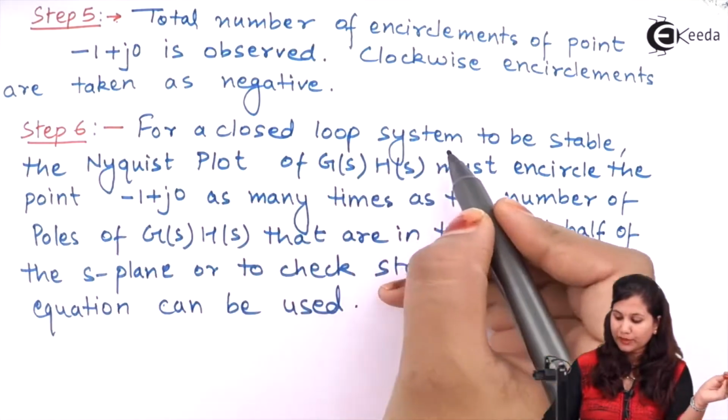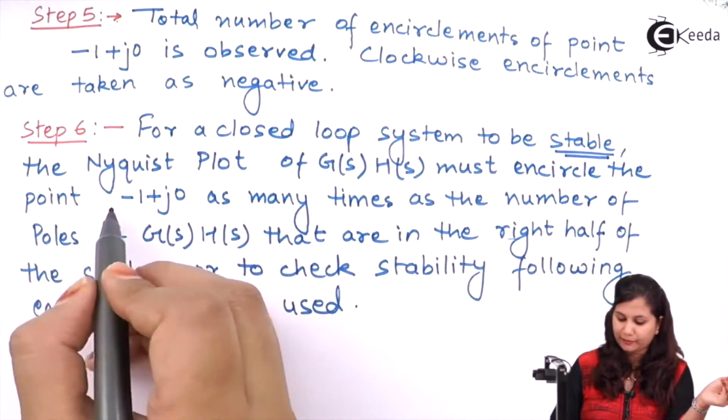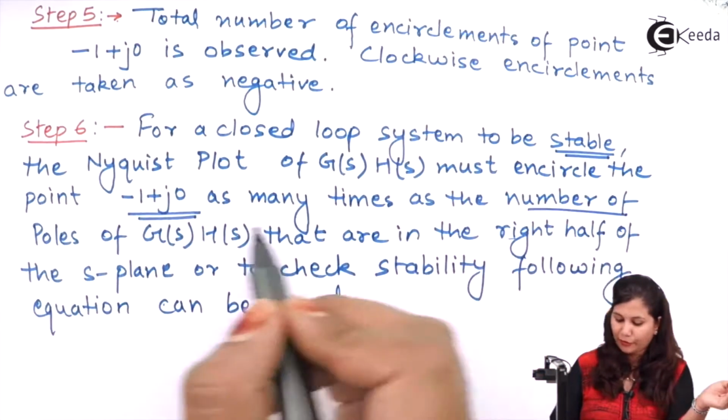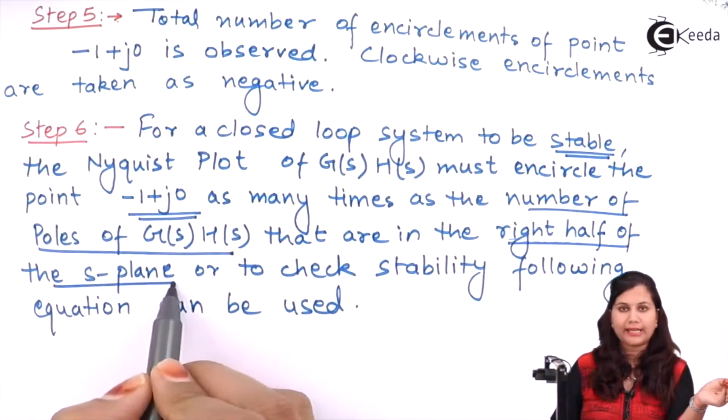So for a closed loop system to be stable, the Nyquist plot should encircle the -1 plus j0 point as many times as the number of poles of G(s)H(s) that are in the right half of the s-plane.